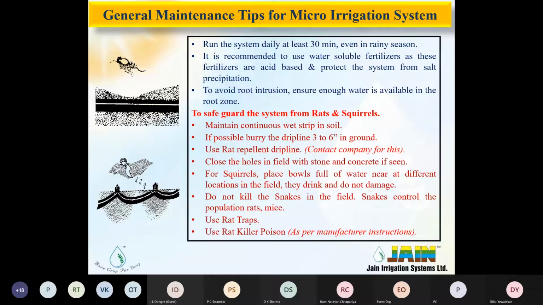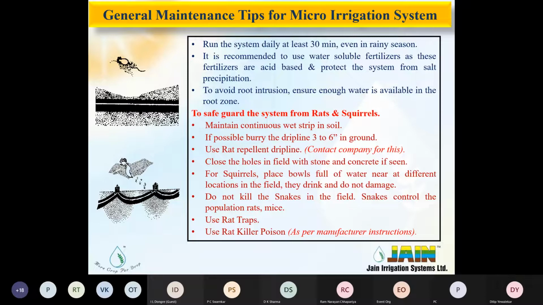Then there are some tips to safeguard the system from rats and squirrels. These two can damage the drip system. We observe this in some places. To avoid this, maintain continuous wetness in the soil. This is a simple solution, keep the soil wet so that rats and squirrels won't walk on the wet soil.